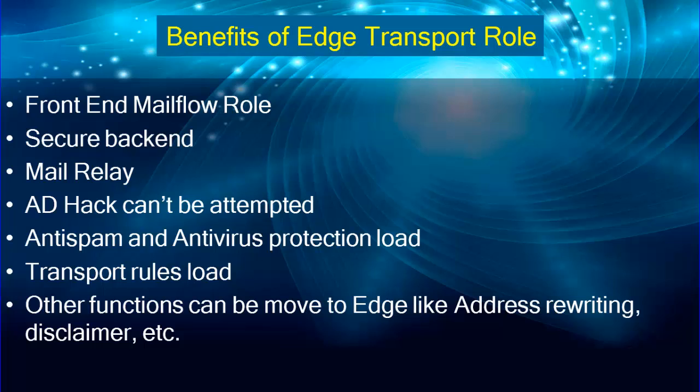Then the second benefit is that you don't want your corporate mail servers loaded by an application for a couple of hours, and if something crashes during that time, your mail flow goes down for the corporate network, which is conducting the business. You don't want that. So Edge Transport will take care of that.